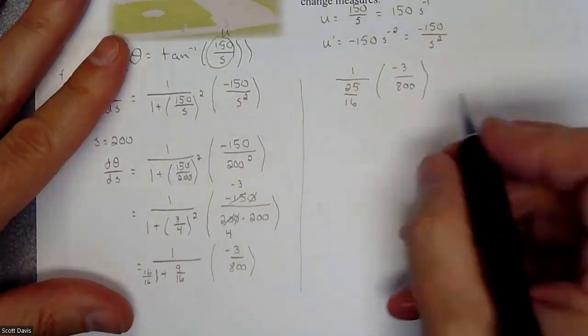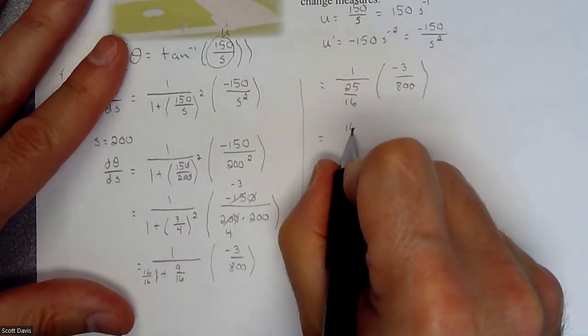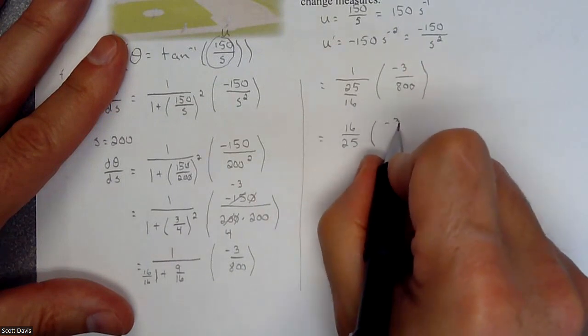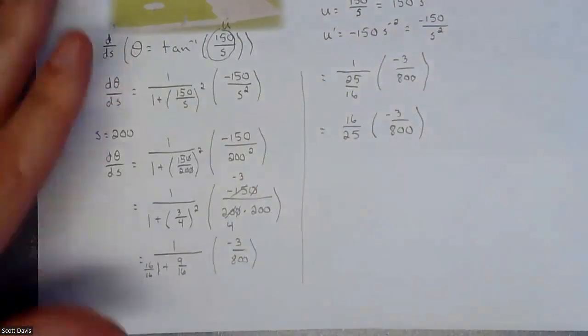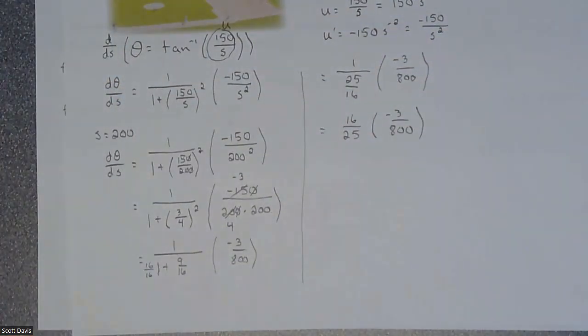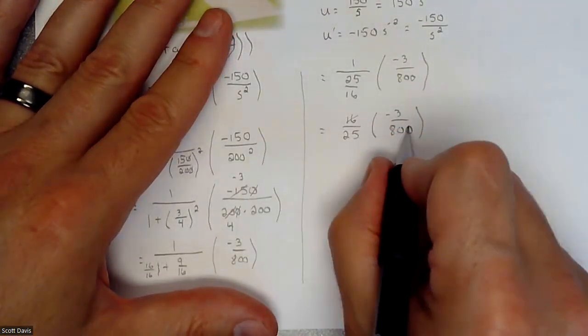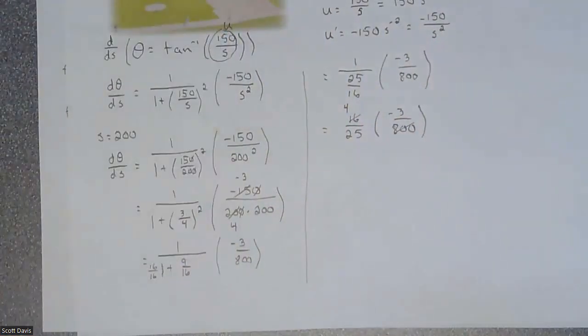If I keep on simplifying that, we're going to multiply by the reciprocal. So I'm looking at 16/25 times negative 3 over 800. And I'm getting close to losing my ability to not use a calculator. So I can take a 4 out of this and a 4 out of this. I might even be able to take 16 out of that.